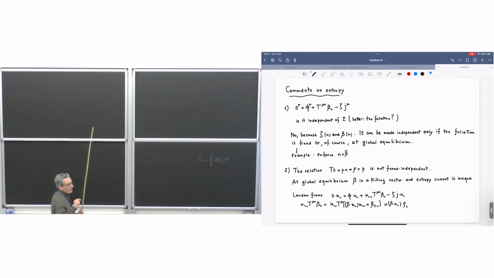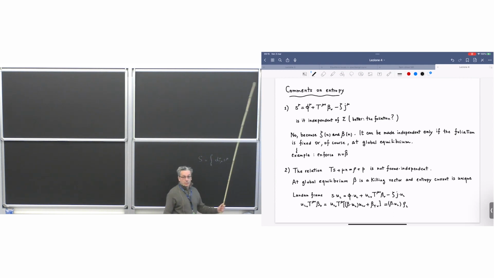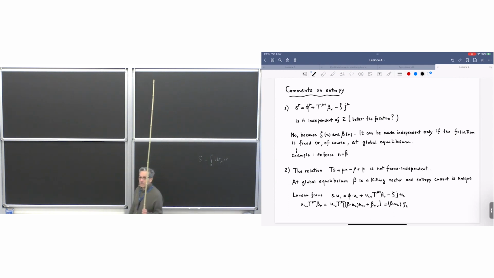Therefore, this choice should be changed in this case, and this is an open issue, I would say: how to make this entropy current an independent field which is not dependent on the family of hypersurfaces, or whether there is a privileged frame which makes this entropy current an objective field.